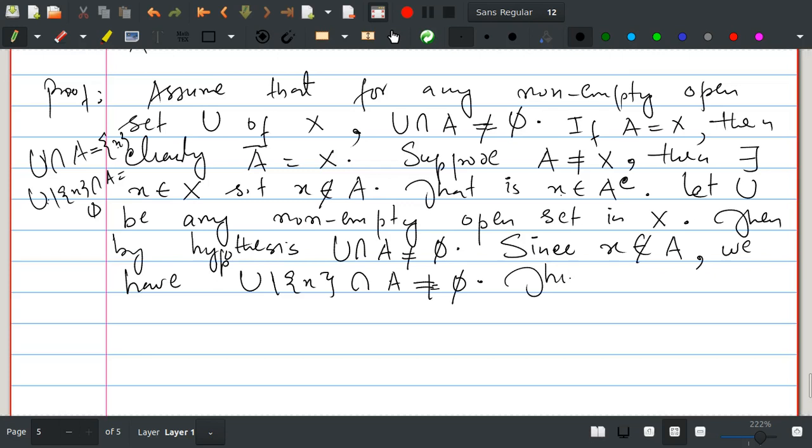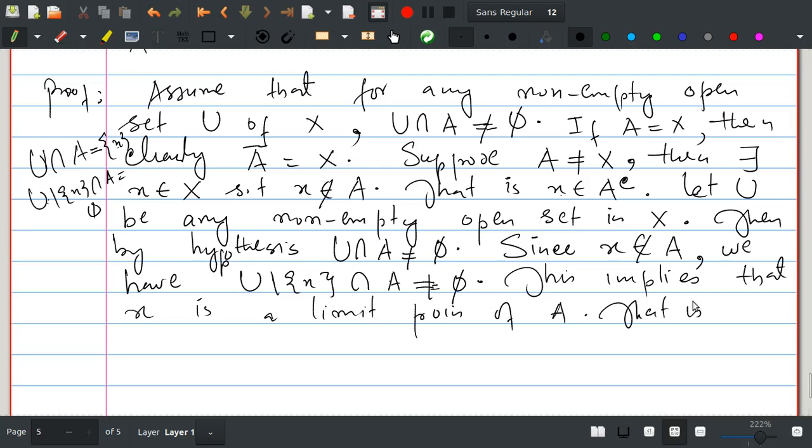So this implies that x is a limit point of A, that is, x is in A prime. Now this x was chosen arbitrarily in A complement, and this x ended up in A prime. This means A complement is contained in A prime.